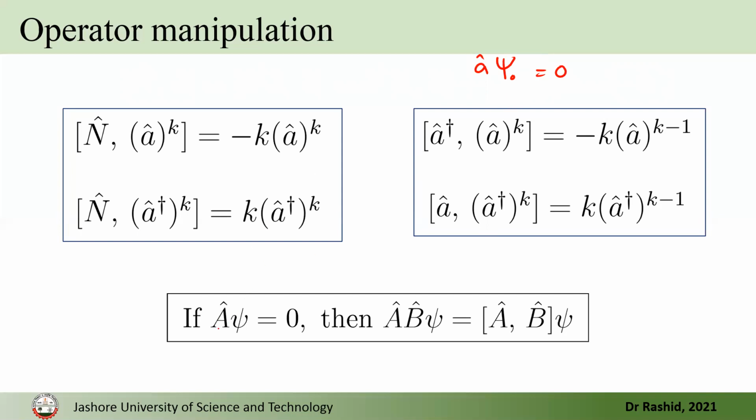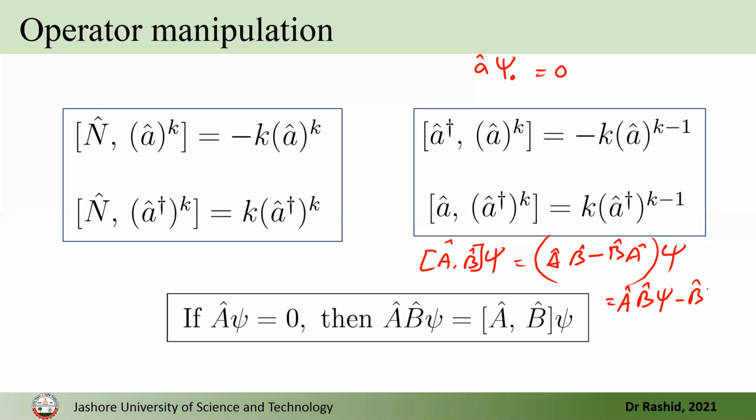Now, if we know that for an operator, the commutator of AB equals A hat B hat minus B hat A hat, and it operates on the wave function, then this will be A hat B hat psi minus B hat A hat psi.